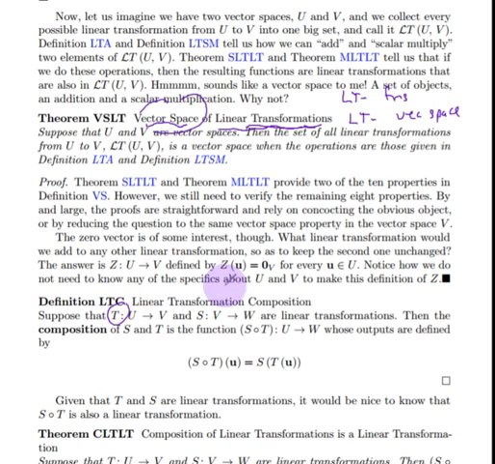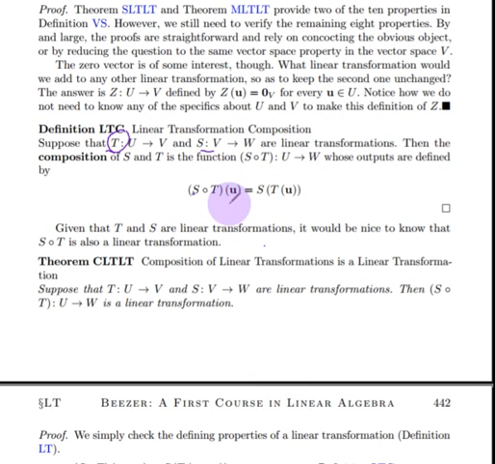For instance, if I have a linear transformation T and another linear transformation S, I can transform the linear transformation T into another linear transformation by taking S composed with T. Now it's also going to be a linear transformation. And you can go through and show that if you compose linear transformations, you still get a linear transformation.